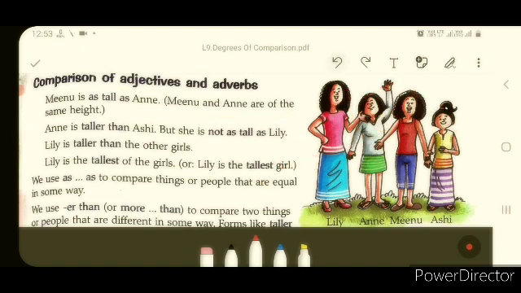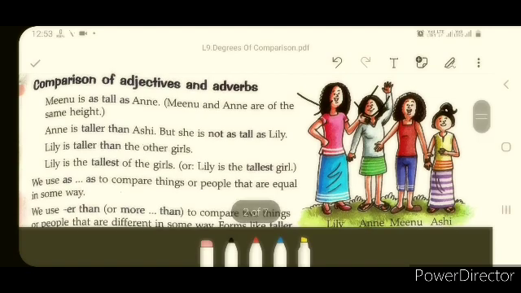Clear? N is taller than Ashi. Let's say this is Ashi for example, and this is N. You can say N is taller than Ashi, but she is not as tall as Lily.